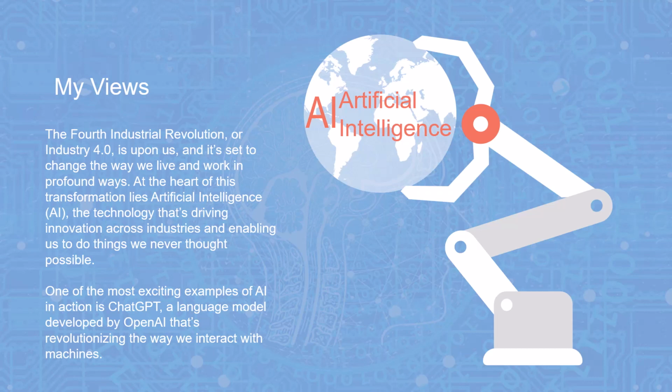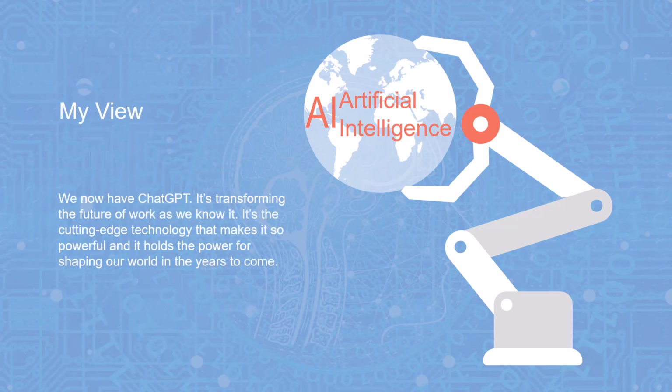At the heart of this transformation lies artificial intelligence, or AI, the technology that's driving innovation across industries and enabling us to do things we never thought possible. One of the most exciting examples of AI in action is ChatGPT, a language model developed by OpenAI that's revolutionizing the way we interact with machines.